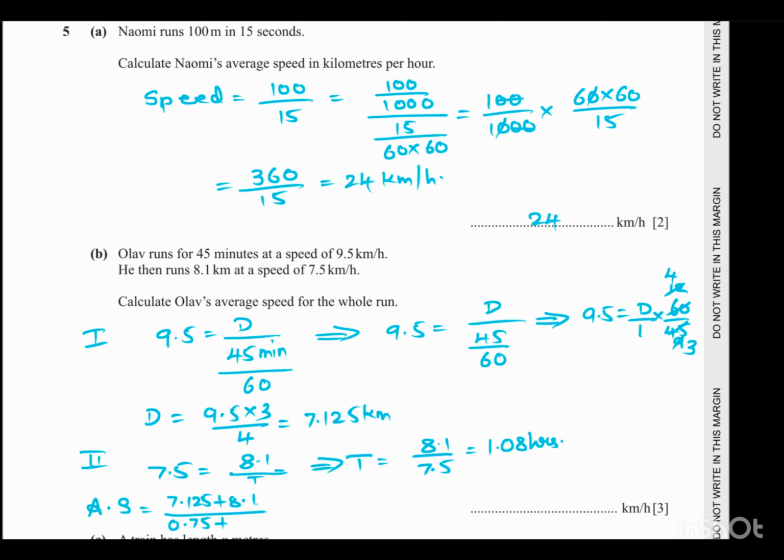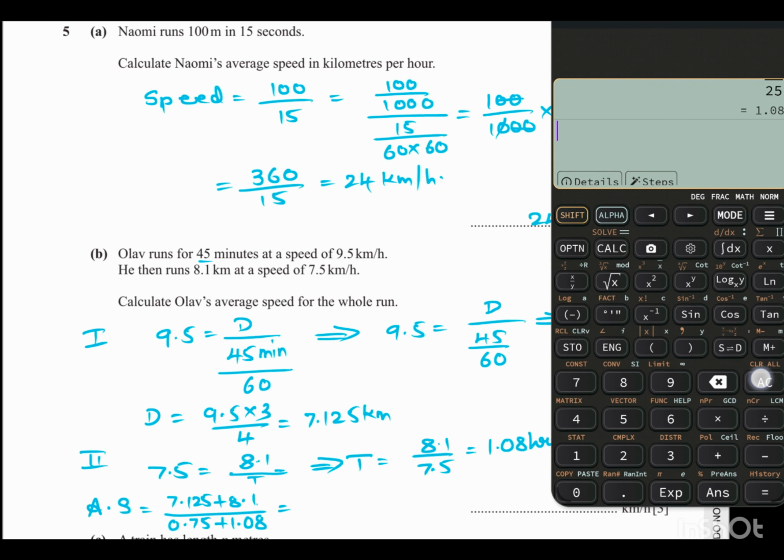Why I am writing 0.75, because 45 minutes is 0.75 hours. I need to take in hours. It has to be average speed in kilometers per hour. So kilometers by hours we have to take. So just do this in calculator.